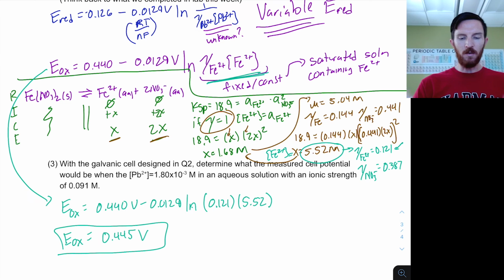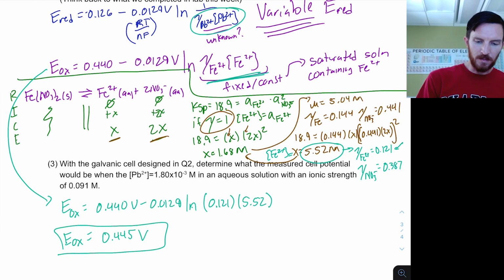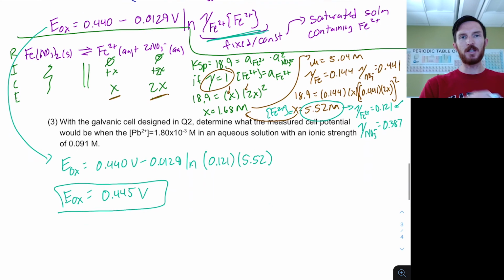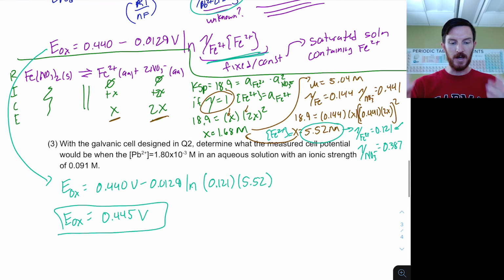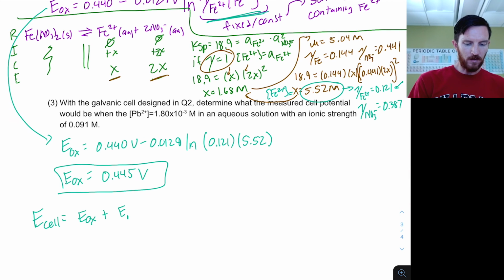And so now our overall cell potential is only going to vary based upon our lead concentration, and that's what we're going to look at in our next step. We have this fixed value. We know our overall cell potential is our oxidation potential plus our reduction potential.